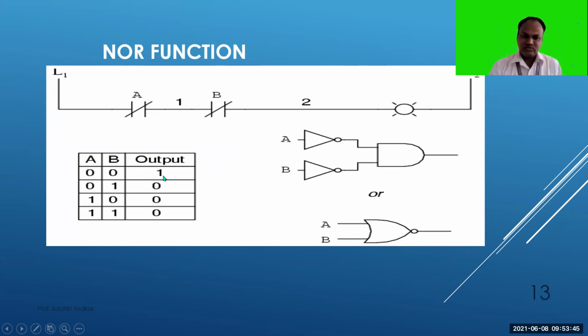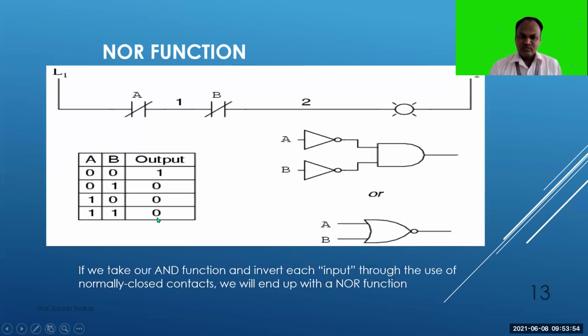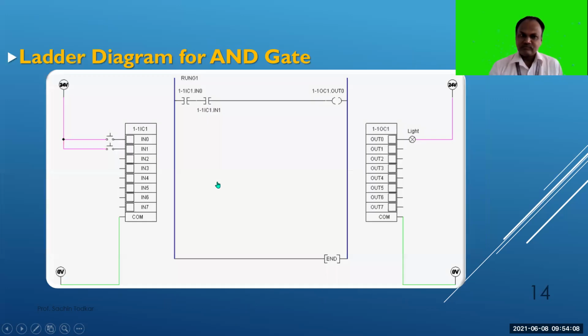If it is 0, 0, your output is 1. 0, 1, output is 0. 1, 0, output is 0. 1, 1, output is 0. If we take our AND function and invert each input through the use of normally closed contacts, we end up with the NOR function. So this is the NOR function. Now the ladder diagram for the AND gate.